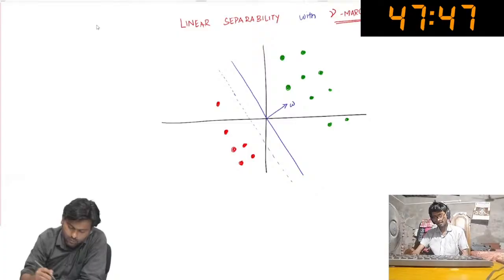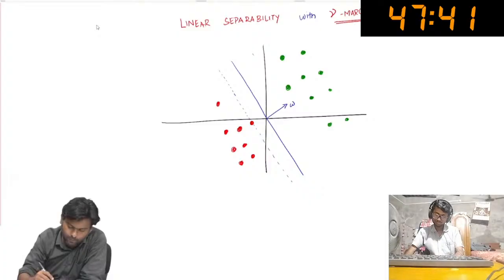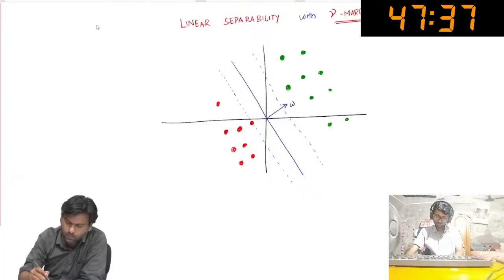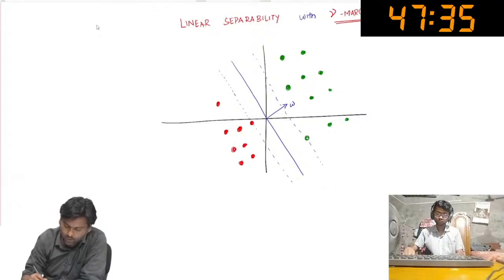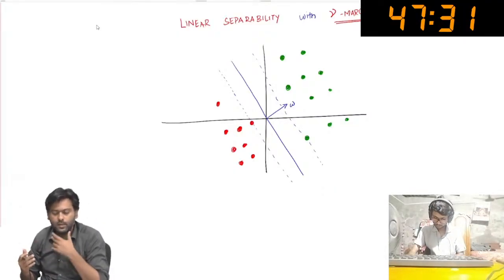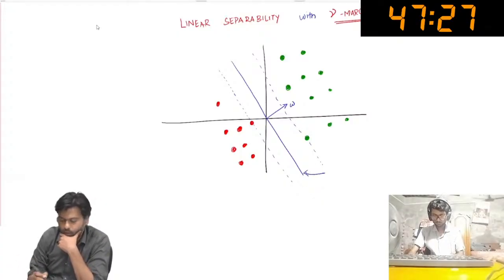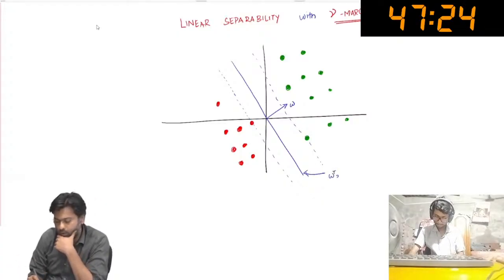I am just going to adjust my point so that I can make my comment very clear. Maybe that is a point here, right. So now what we are saying is that you have a data set. Now this is the W for which this line is W transpose x equal to 0, right. So this is the set of all x such that W transpose x equal to 0.